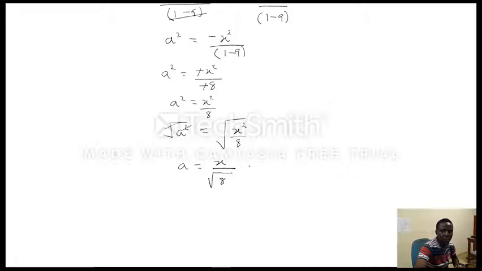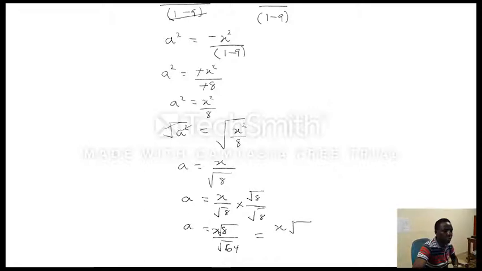So all we need to do is to rationalize the denominator by multiplying both the numerator and denominator by root 8, so that this becomes a is equal to x over root 8 times root 8 over root 8, so that this becomes a is equal to x root 8 over root 8 times root 8 will give us root 64, of which the square root of 64 is 8.